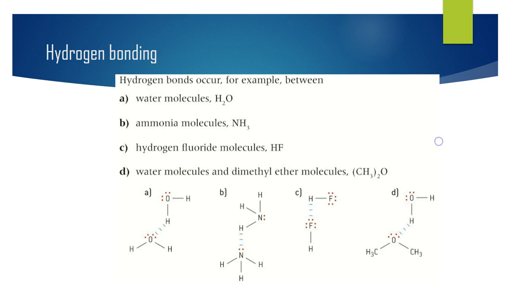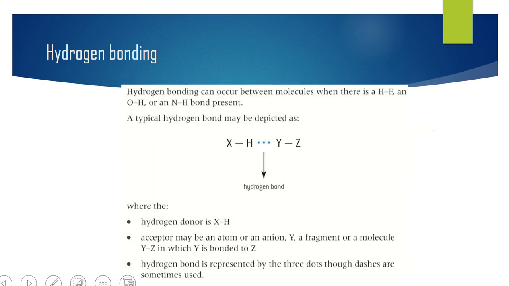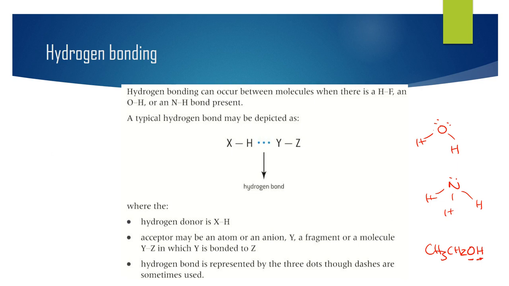So HF itself, hydrofluoric acid, or water will be able to form hydrogen bonds. Ammonia will be able to form hydrogen bonds. Ethanol, CH3CH2OH, has this hydrogen and oxygen here, so it is also able to form hydrogen bonds.